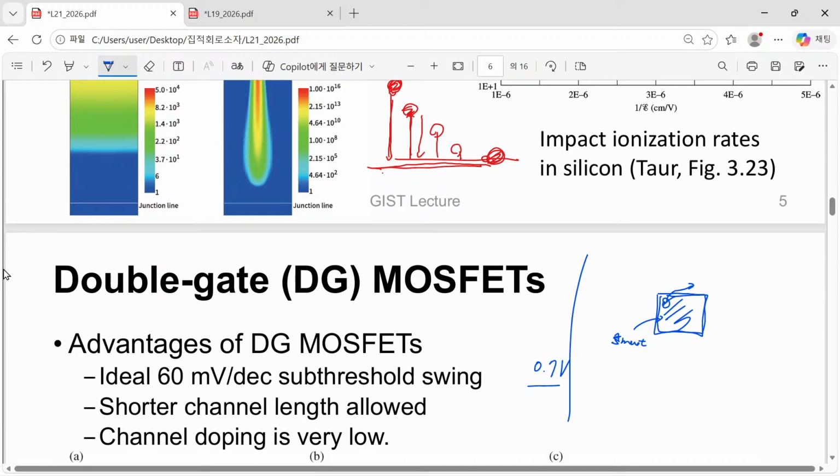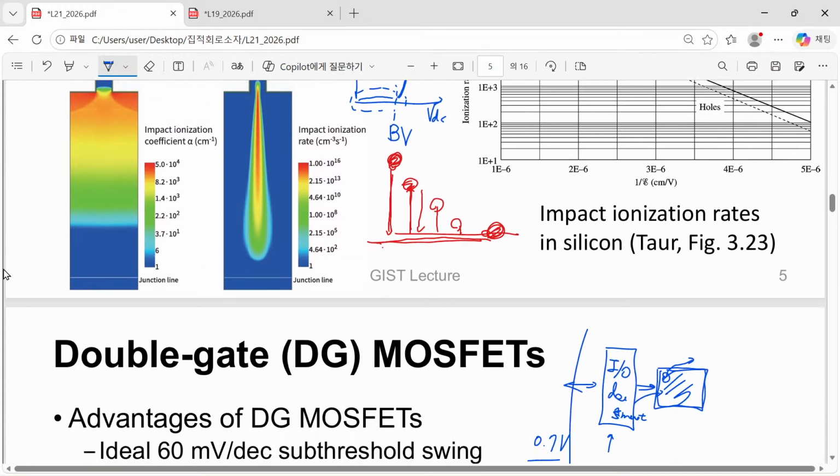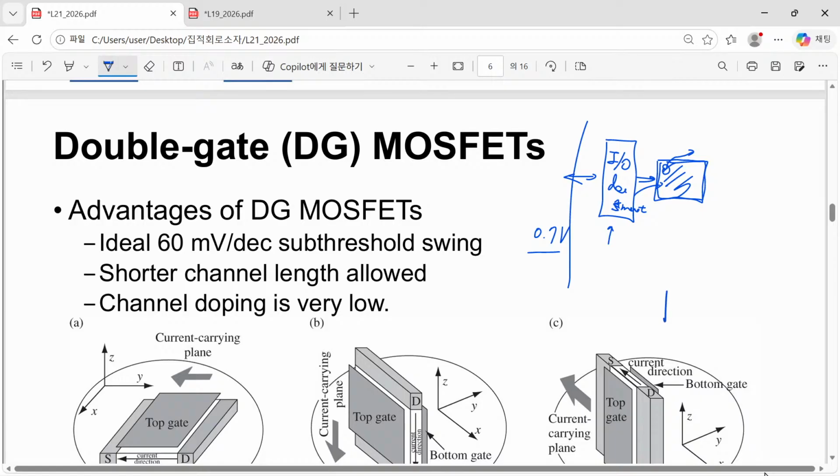We need much higher voltage to activate the external physical world. So for that purpose, we introduce devices called I/O devices whose operation voltage is much higher than the logic central part, and these are working at a higher voltage. This is one way we have higher drain voltage.